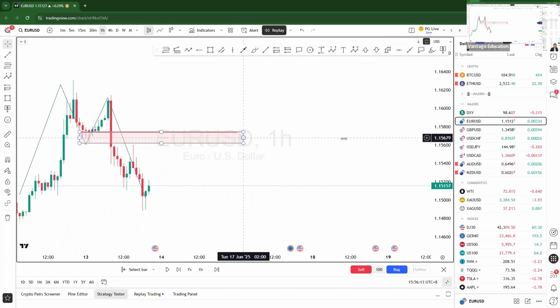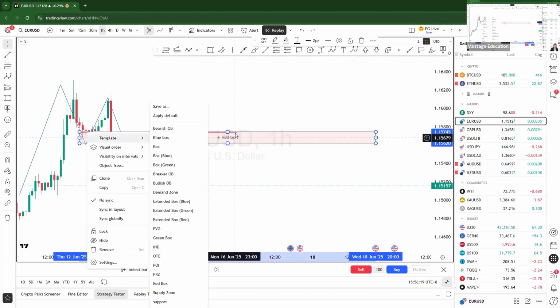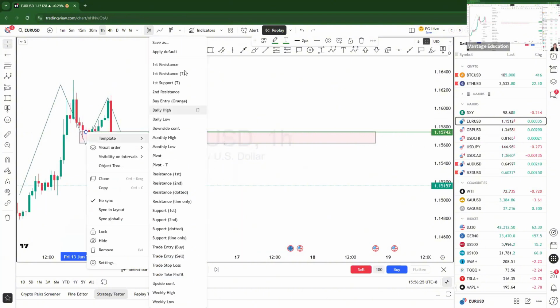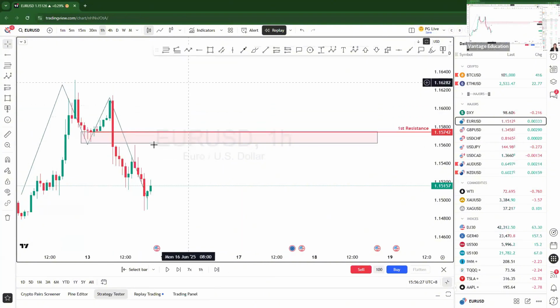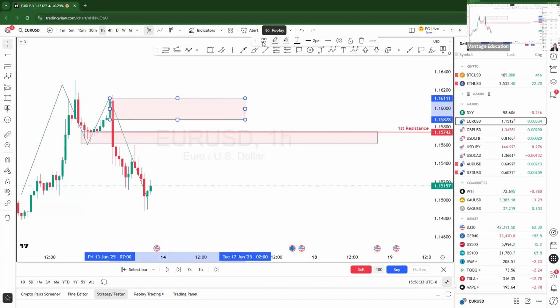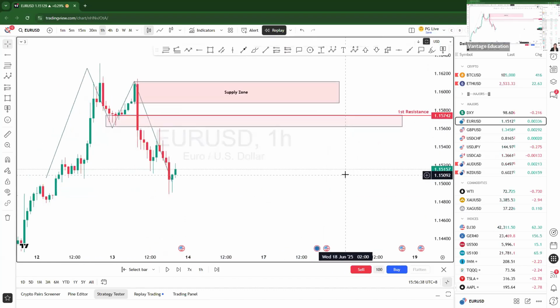I will identify I'm gonna sell here. But above this resistance level, let's say this is gonna be my first resistance. Above my first resistance level, I saw the order block, supply zone. I would highlight this too.